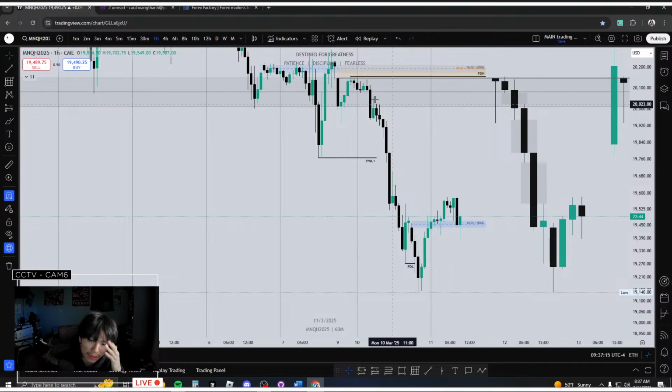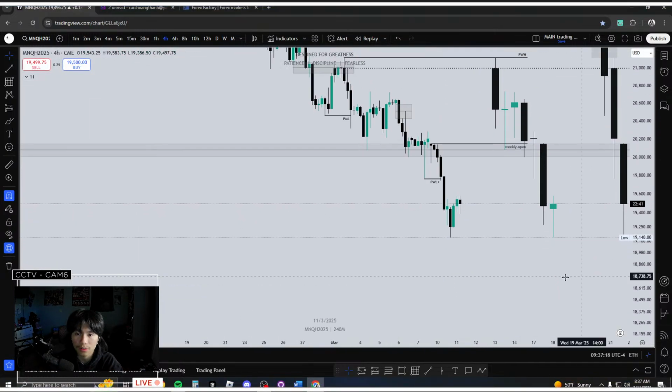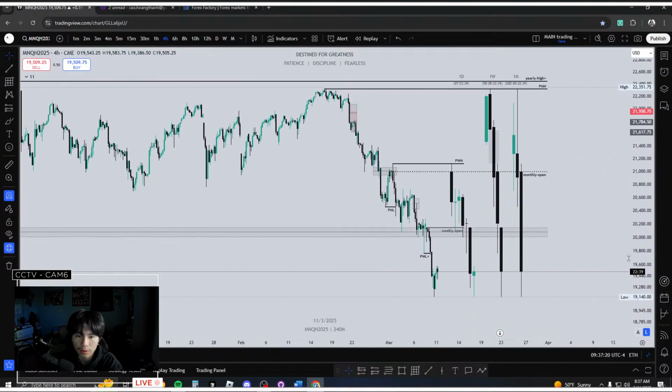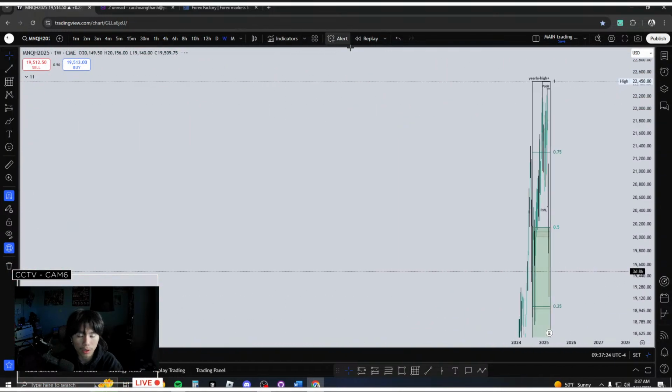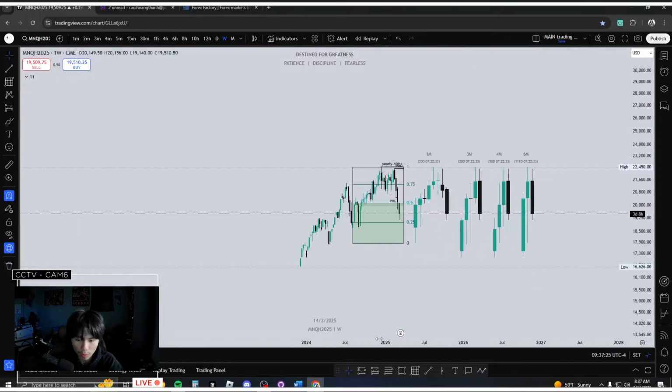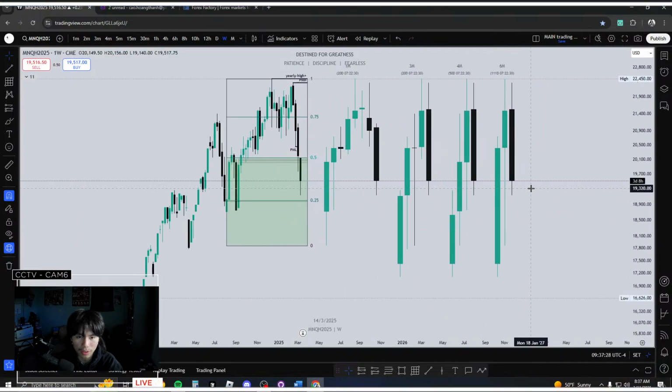I mean, us selling off here is pretty interesting, right? Fundamentally, we have a lot of negative news, I guess. We have the tariffs, which the markets don't like, a possible recession coming, and in general a lot of volatility. Consumers aren't spending as much.